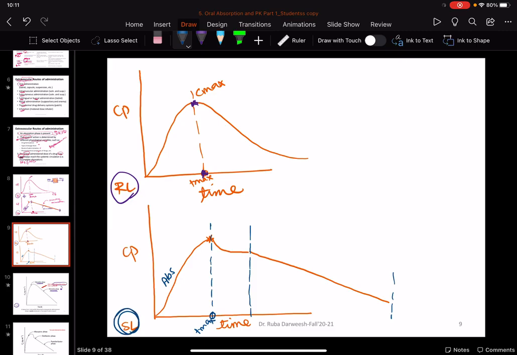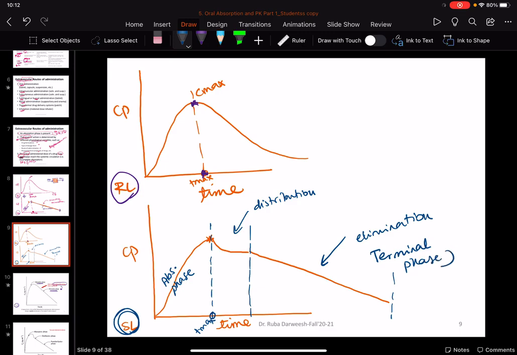Again, this is when you change it to semilog to visualize whether you have only one compartment or not, one linear phase or not. So we have the absorption phase, we have the distribution phase, and you have the elimination phase, or what we call the terminal phase, the last phase that you have in your profile.